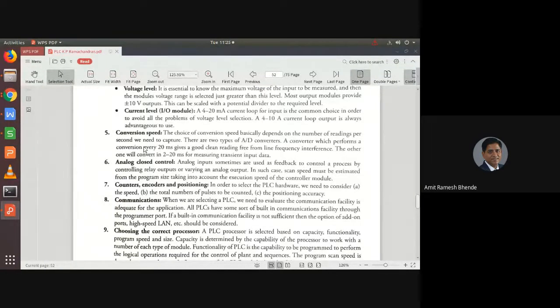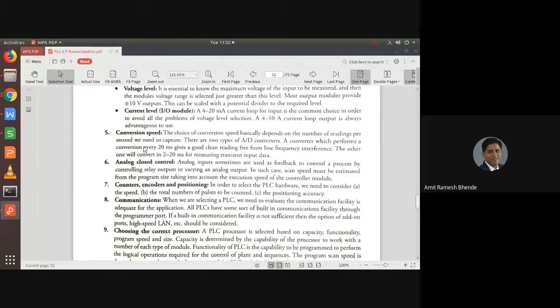For example, if you are measuring a temperature, we don't require variation in temperature every 1 millisecond, because the rate of change of temperature is a slow process. We cannot say it is a very fast process.